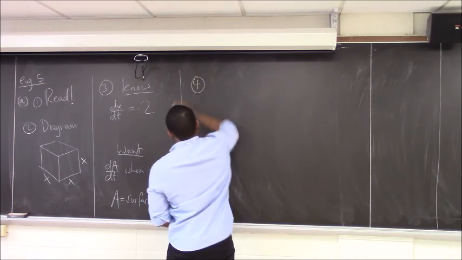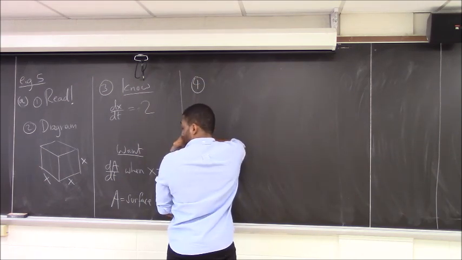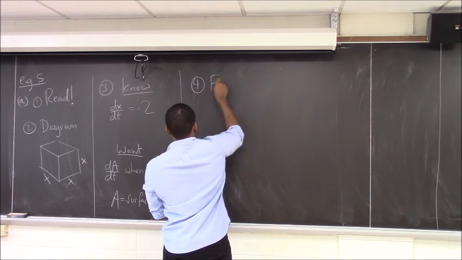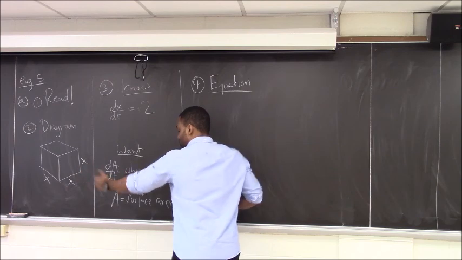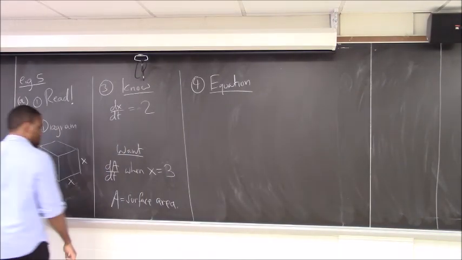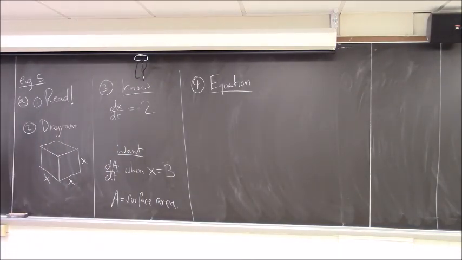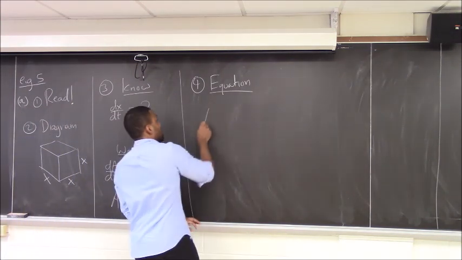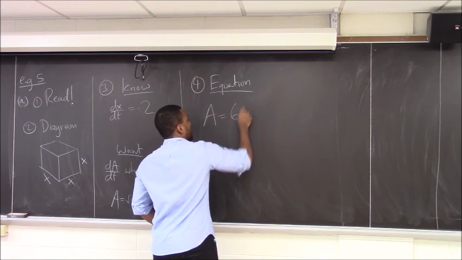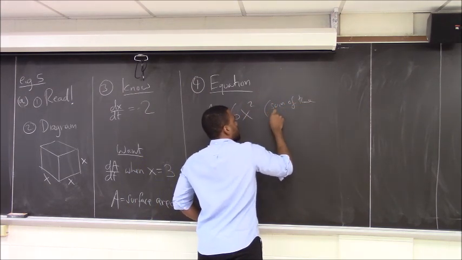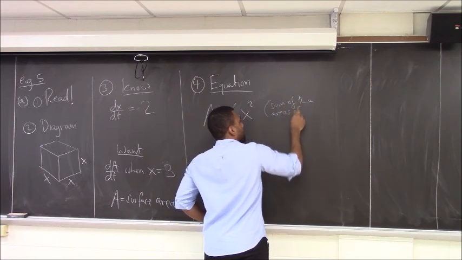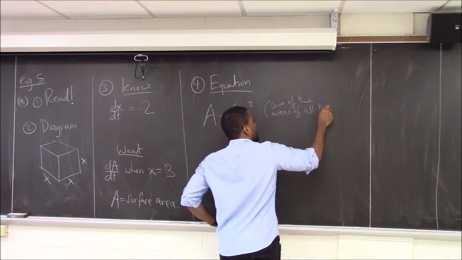So now, the fourth step. What's the fourth step? Equation. Come up with an equation. Right, so in your picture, you've just drawn the picture of a box. How do you find the surface area of a box? 6x squared. And this is basically the sum of the areas of all the faces.